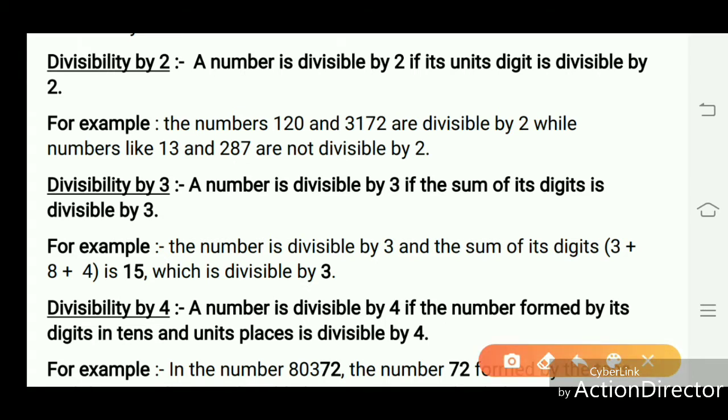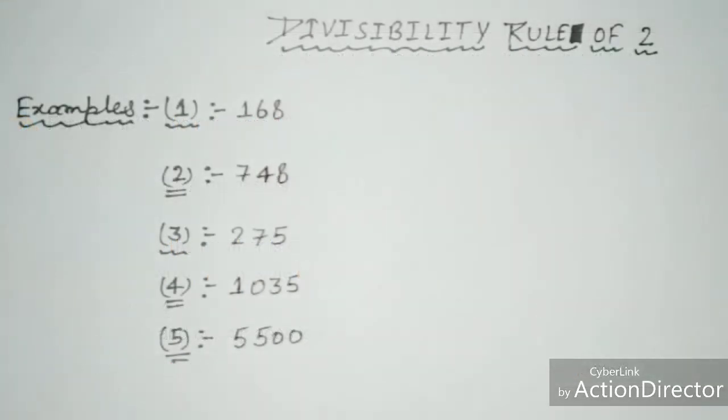Students, we can also find out whether other numbers are divisible by 2 or not by applying this divisibility rule. We will solve some more examples related to the divisibility rule of 2.